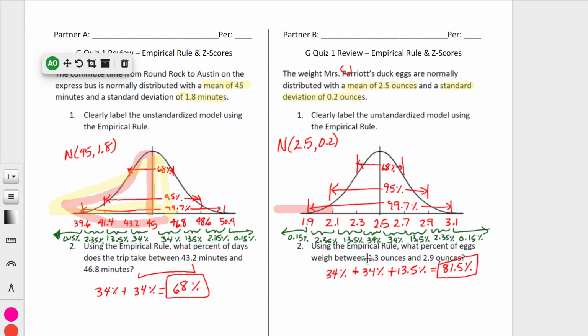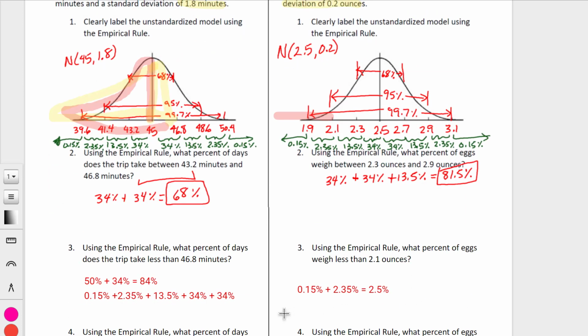We get 68%. If we look from 2.3 to 2.9, from here to here is 34%, plus another 34% plus 13.5%. That gives you 81.5%.